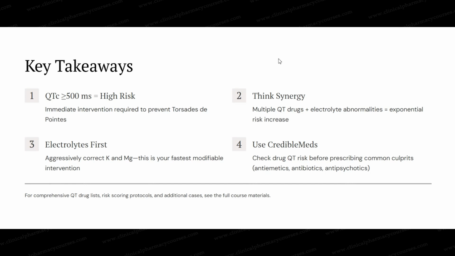Multiple QT prolonging drugs combined with electrolyte abnormalities can exponentially increase the risk, so we need to think synergistically about all potential contributors. And correcting potassium and magnesium levels is the fastest modifiable intervention that you can do in such patients. Aggressively addressing electrolyte abnormalities should be the top priority right after stopping the offending medication.